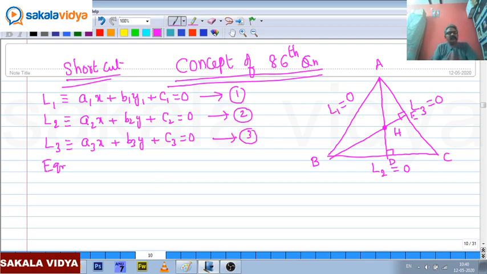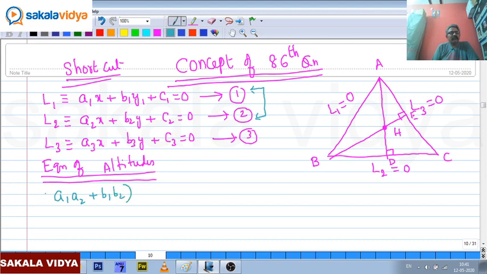Now equation of the altitudes, find out. For example, if you want to find out AD, or any equation of altitudes: first consider these two equations. Here A1 A2 plus B1 B2 into L3, L3 stands for this one, equal to.